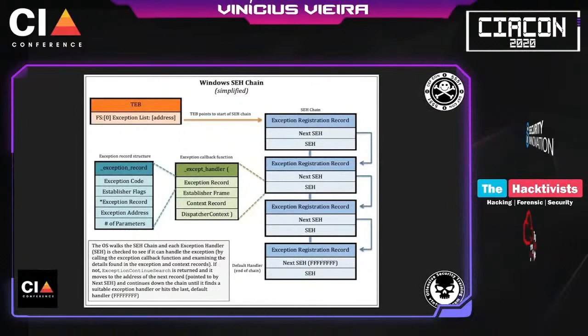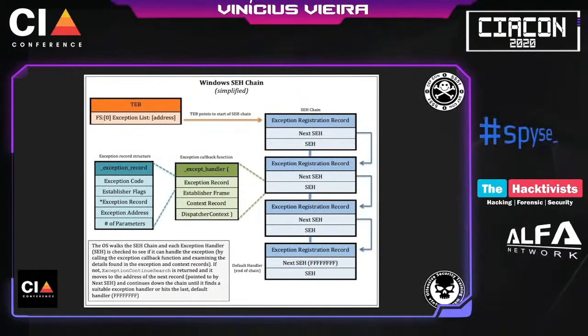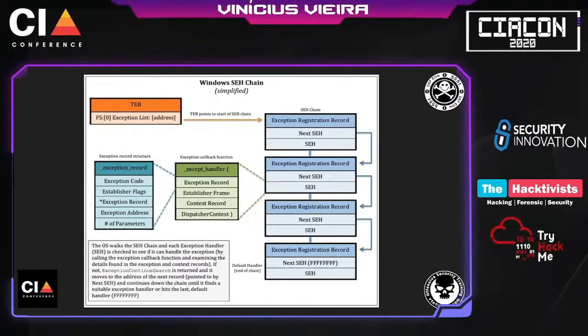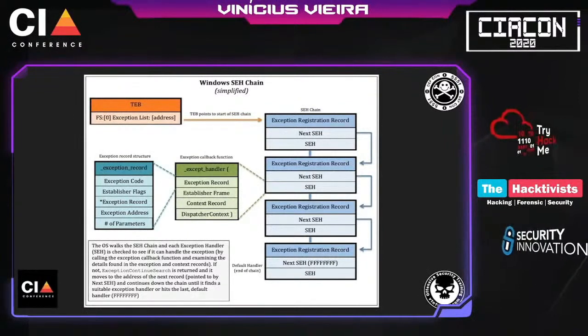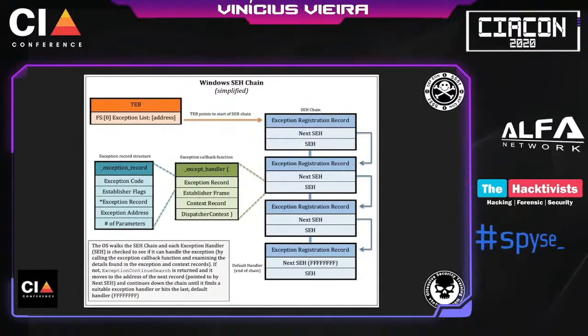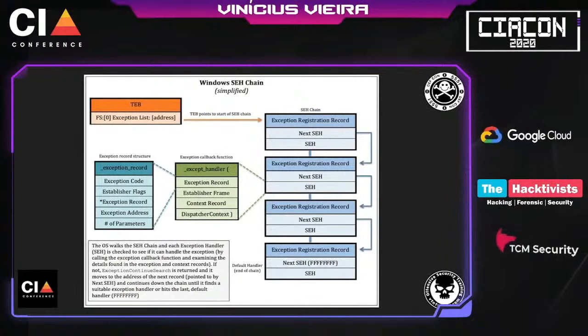This SEH chain is often called the FS chain as well. So, on Intel machines, when looking at disassembled SEH code, we will see an instruction to move a word PTR from FS. This ensures that the exception handler is set up for the thread and we will be able to catch errors when they occur.